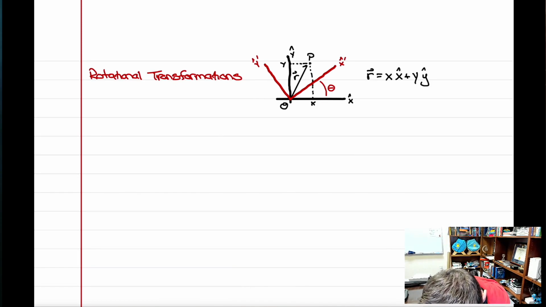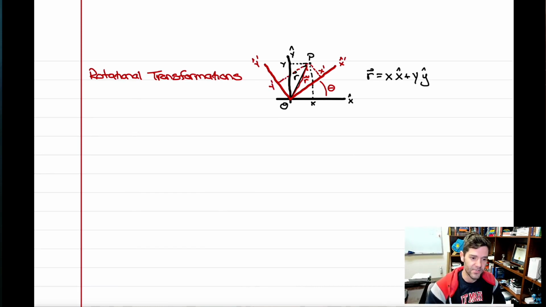Now in this case, they would have a very similar looking position vector that emerges from the same origin and points to the point. It's an identical vector actually. But in terms of coordinates, there's some x dash value here, and then some y dash value here.